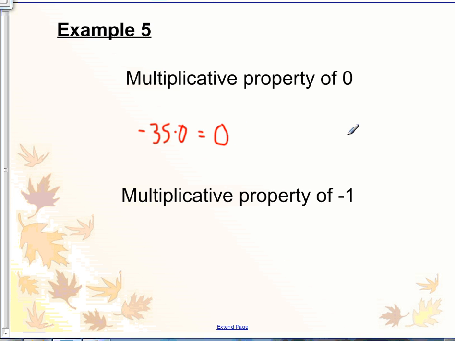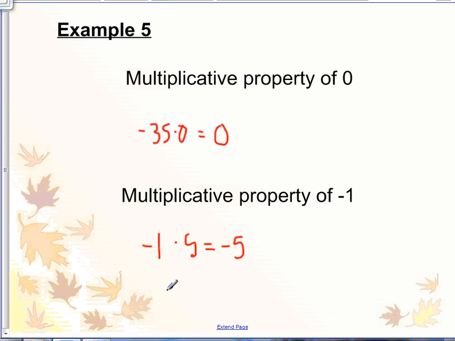And then the multiplicative property of negative 1 states that for every real number n, negative 1 times n is going to equal negative n. So in this case, if I have negative 1 times 5, it's going to equal negative 5.